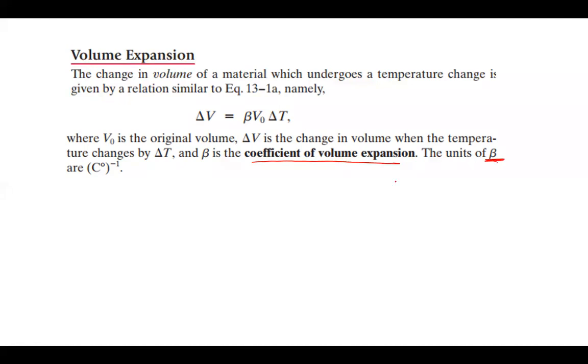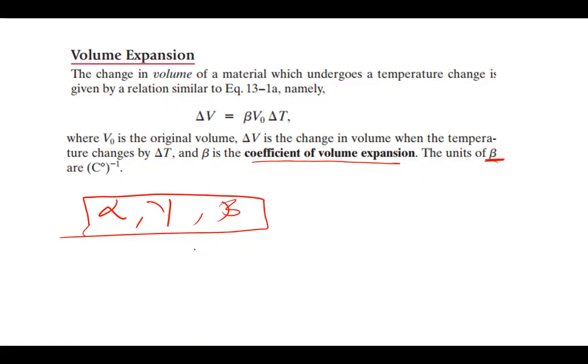Starting from alpha, gamma, and beta, all these have the same unit. The unit is per degrees Celsius. You can say per degrees Celsius, or you can write it as degrees Celsius to the power -1.